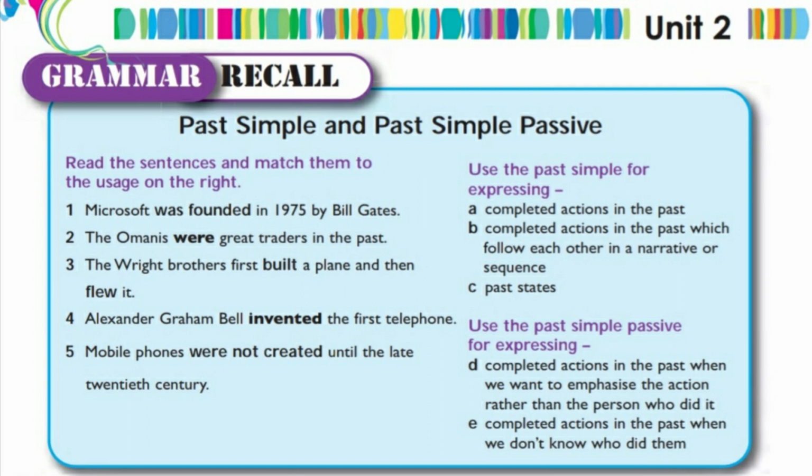We want to emphasize when Microsoft was founded, and not who founded Microsoft. And the last sentence, of course, the answer is E, because we didn't mention the doer of the action, and we don't know who did it. Okay? Thank you very much.